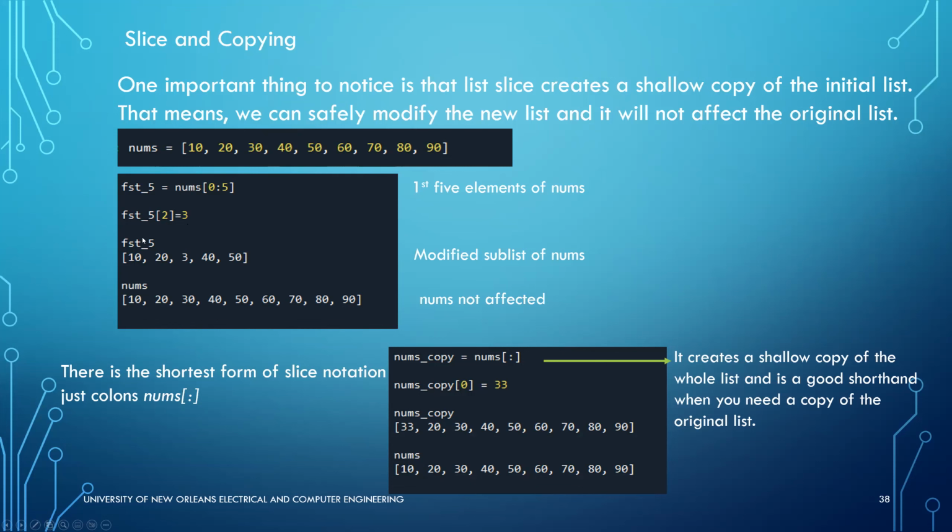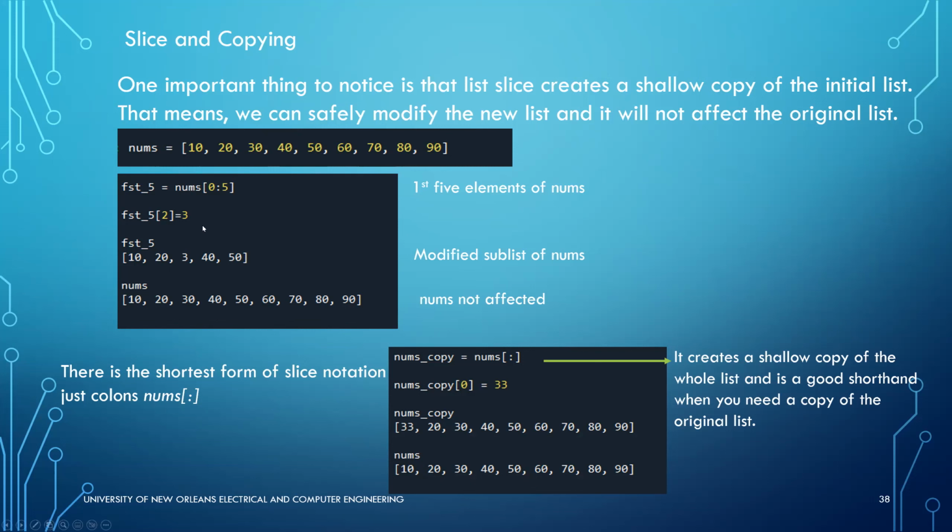Now, if you take this new variable, fst_5, and I place a number 3 in index 2, then I'm modifying the new list, not the original nums list, right?